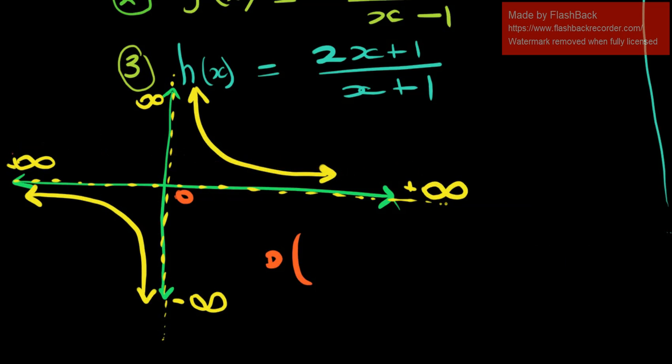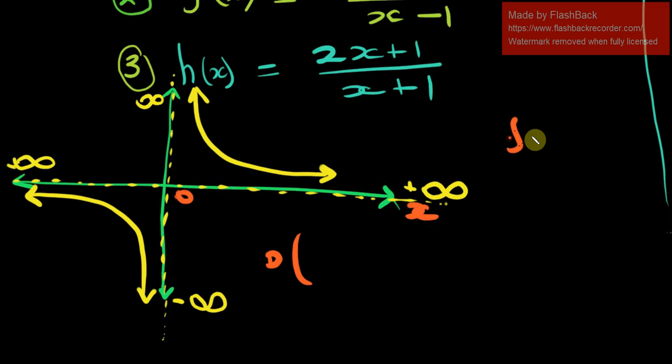So what is the domain of a function? These are the values of x referring to the horizontal x-axis. So all the values of x in which the function is defined, in which you get a y value when you substitute in the function.